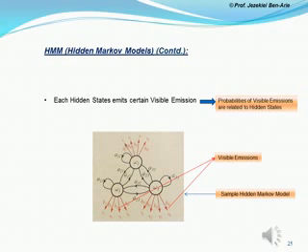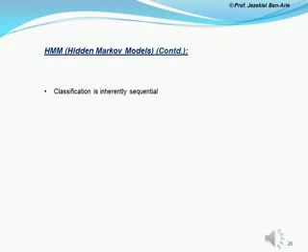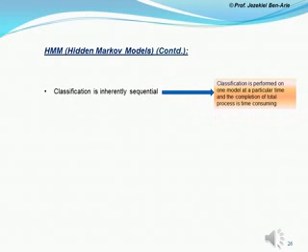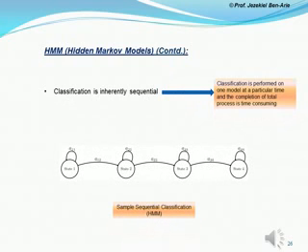The classification process in HMM is inherently sequential and is performed on one model at a time. For each model, one has to compute the total probability of emitting the whole sequence. The total process is thus quite slow.